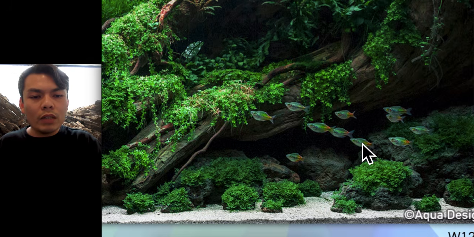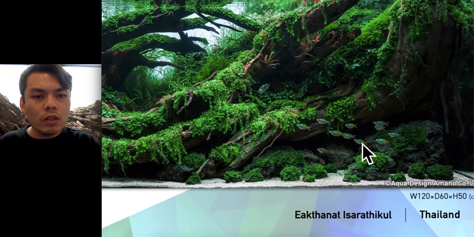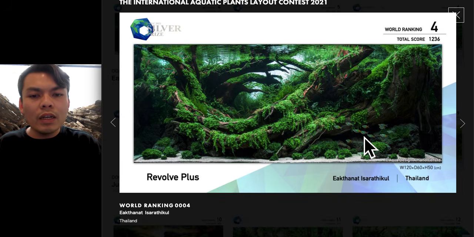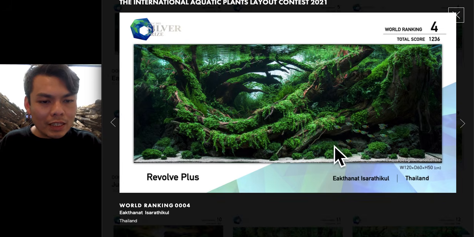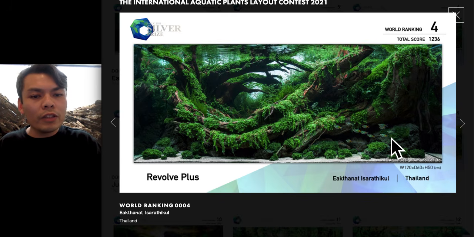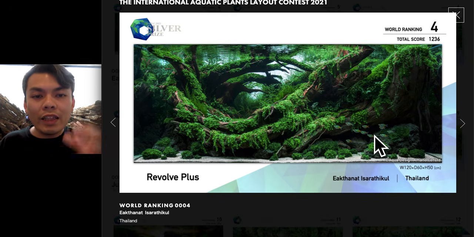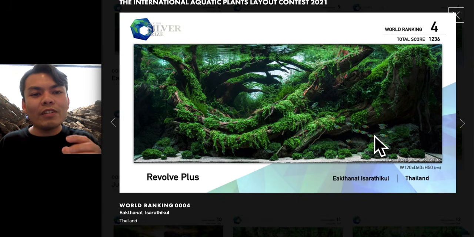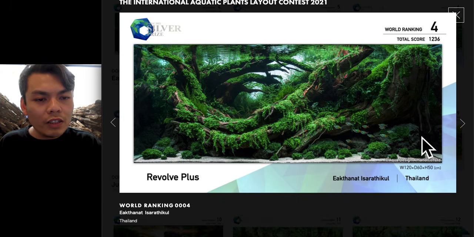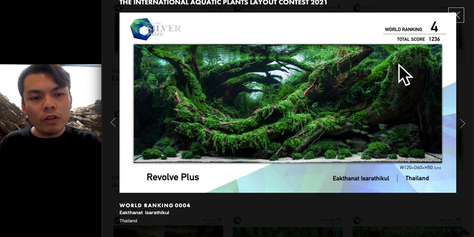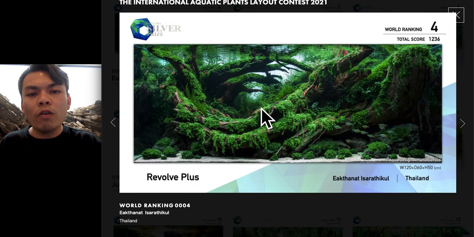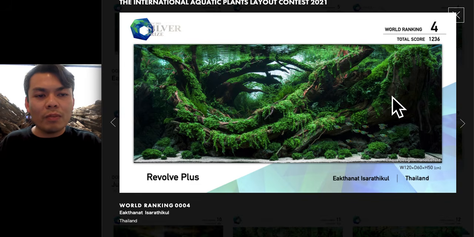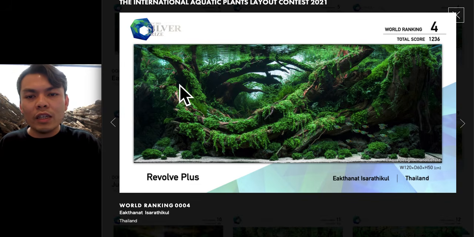So well done for such a beautiful use of fish in this aquarium, and perfectly placed as well, just in this negative space here in the foreground amongst the shadows. It's a little bit of, again, that intrigue, that curiosity that pulls you into this side of the scape. But according to the leading lines of the fish, they also conform to the flow. This, again, is the revolve plus of this aquascape, a very beautiful example here.